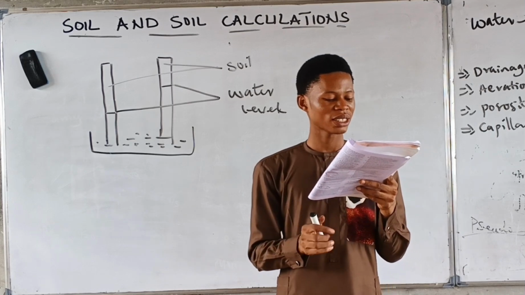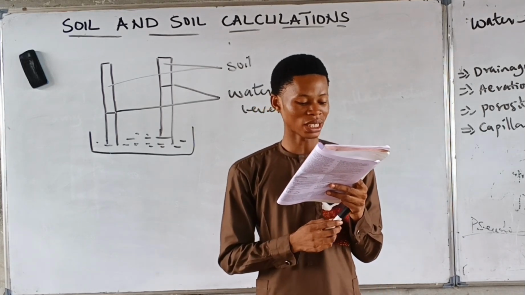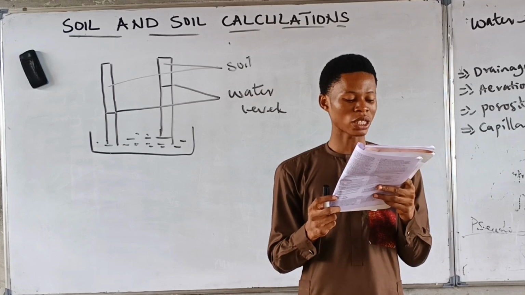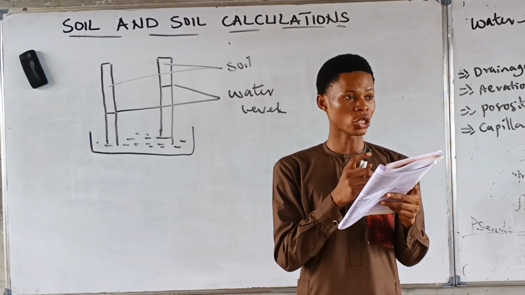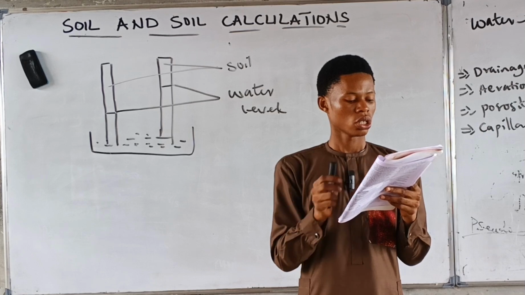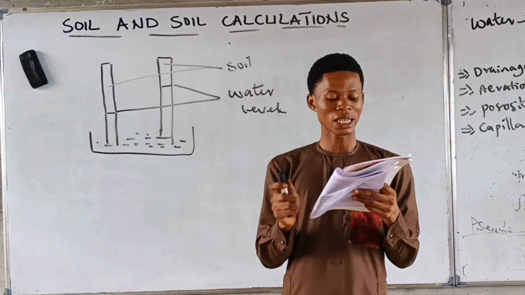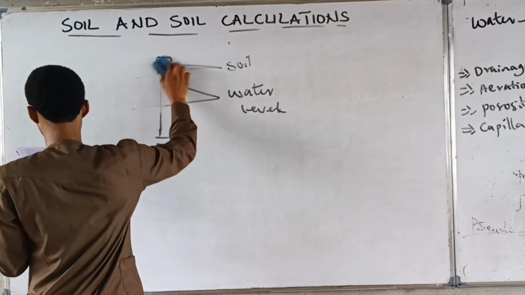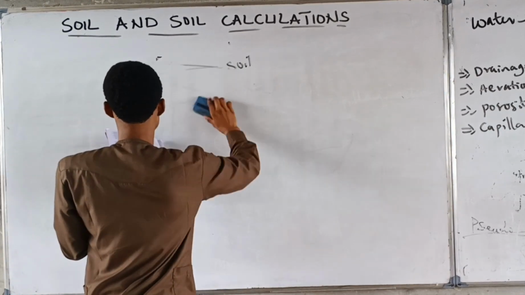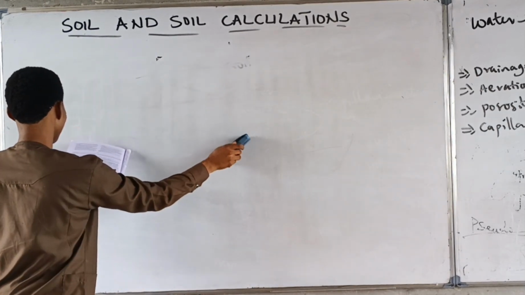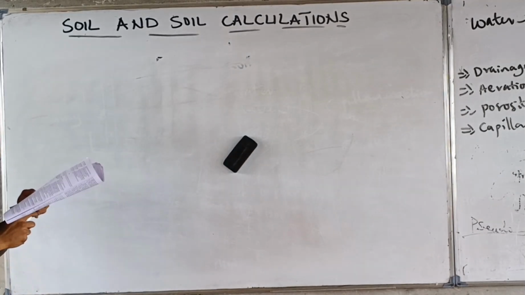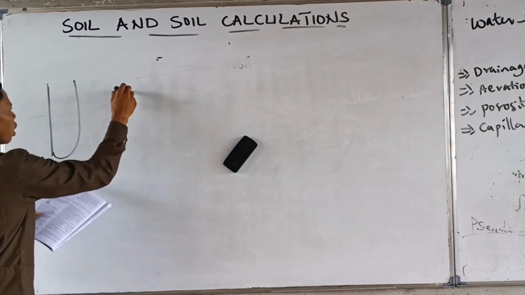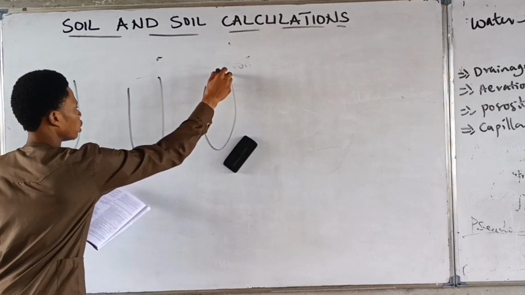If three 30-centimeter lengths of glass tubes are tightly packed with clay, sand, and loamy soils respectively, that is, you have something like this: 1, 2, 3.